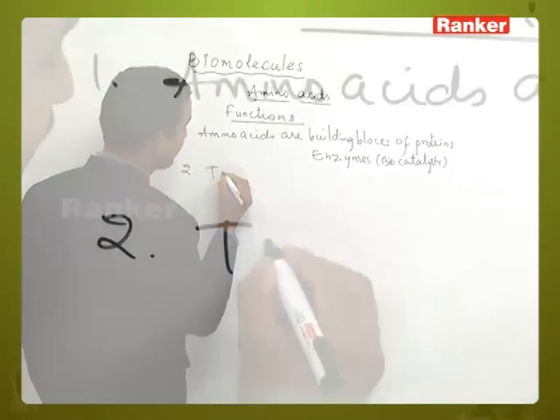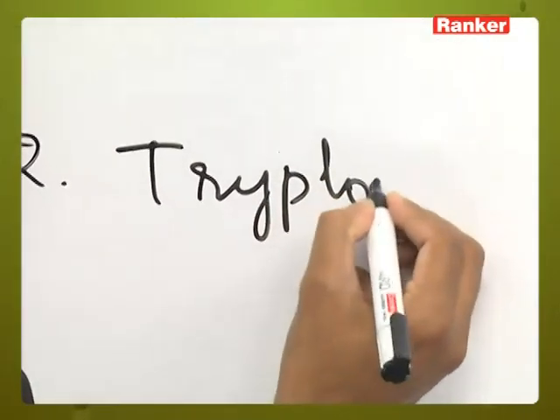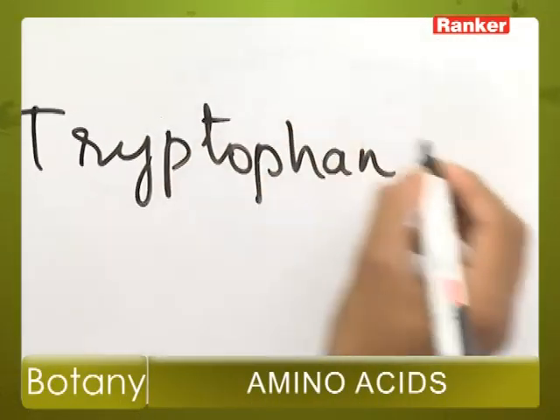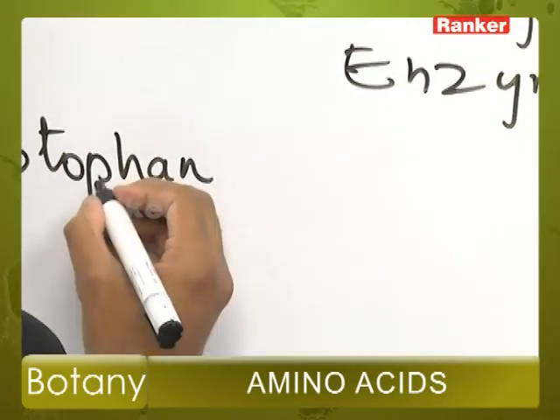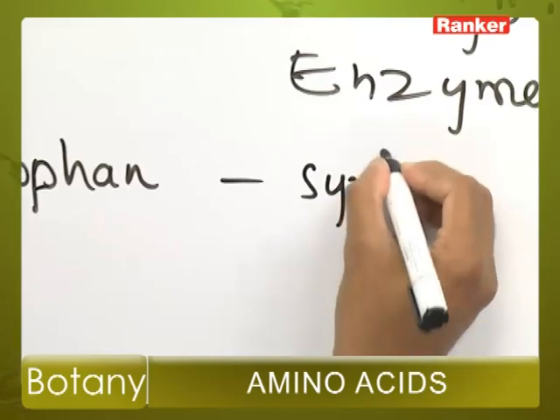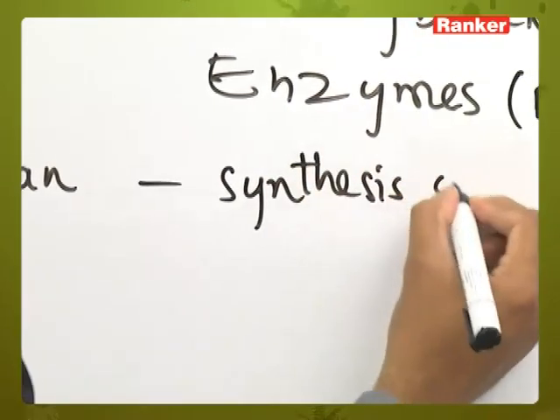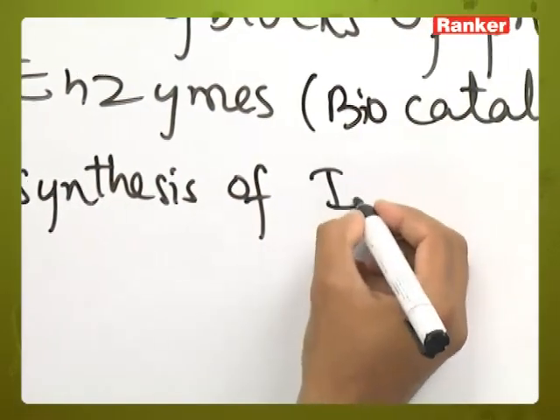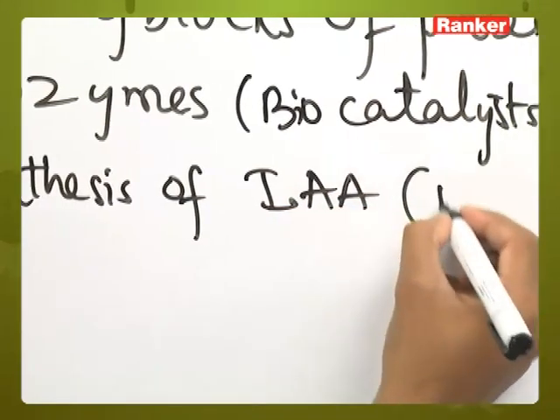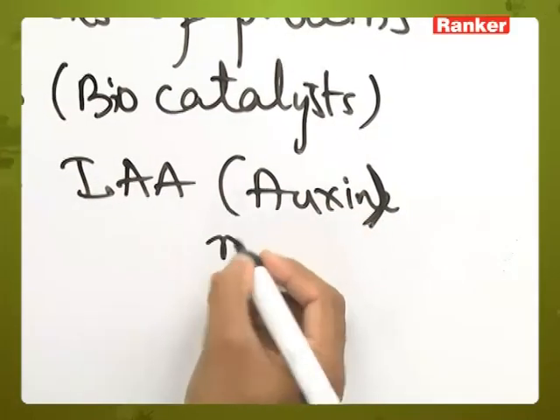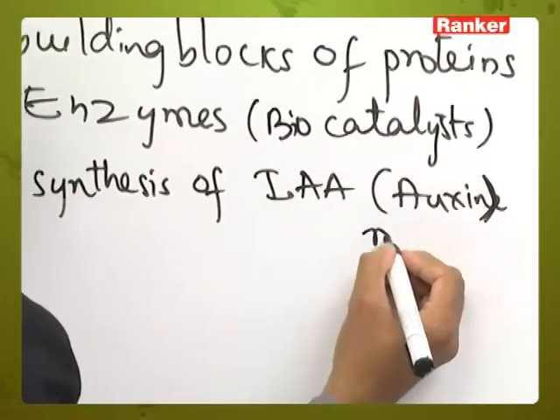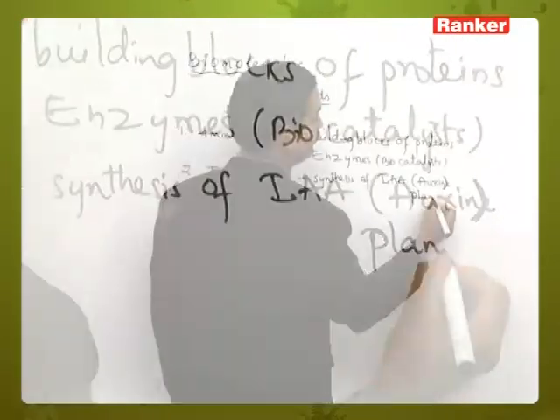Like we take the example of tryptophan. Tryptophan is required for the synthesis of IAA. IAA is an auxin. It is a plant growth regulator.